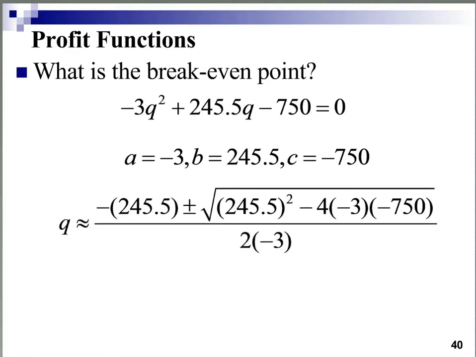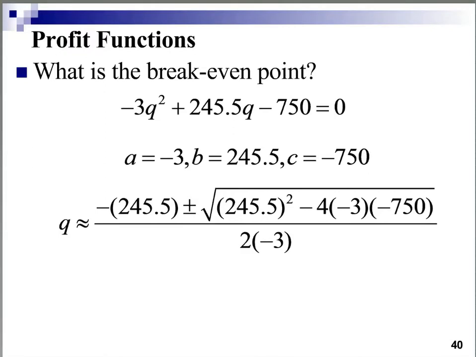And if we were to apply the quadratic formula to this, we're going to get two values. Once again, we have to break those apart separately, calculate -245.5 plus that root, all divided by -6, and then -245.5 minus that root, all of that divided by -6. And you should check that.